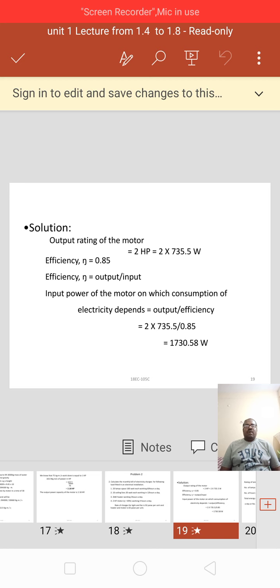Therefore, the input power of the motor, from the consumption point of view, is output by efficiency. Electricity consumption depends upon output by efficiency, that is equal to 2 into 735.5 by 0.85, that is equal to 1730.58 watts. Electricity demand is equal to 1730.58 watts.